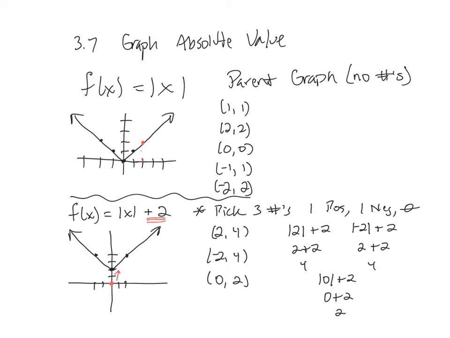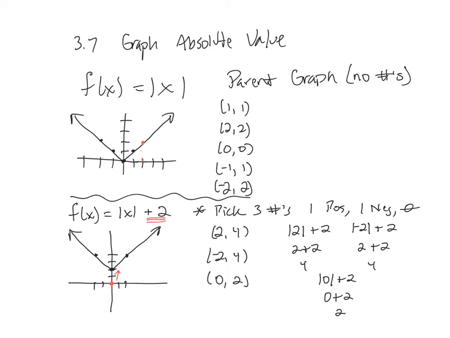And so if you think back to yesterday, when we were talking about the transformations, anything on the outside of the absolute value was an up and down movement, and it was called a translation.